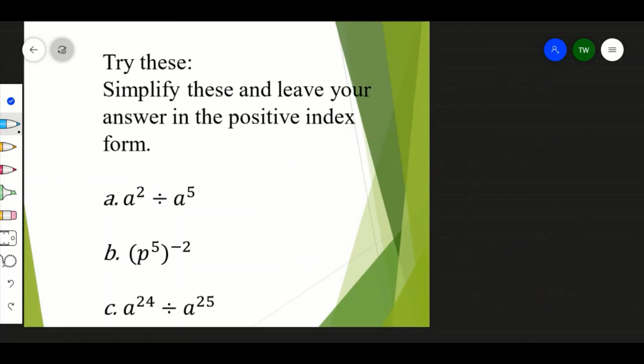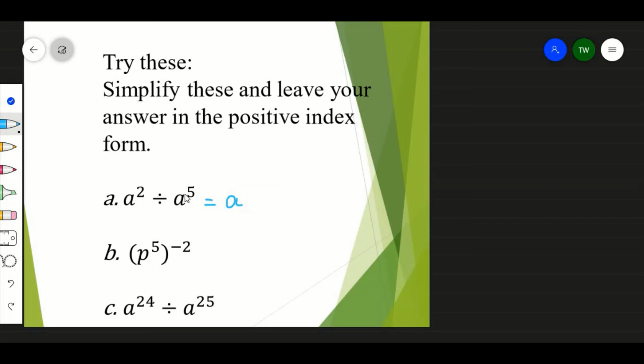Try these. Simplify these and leave your answer in the positive index form. So the first one we have is a squared divided by a to the 5th. First thing that we're going to do is to apply the division law. It says that if the bases are the same, we simply subtract the power. So we're going to keep the base of a and subtract the power.